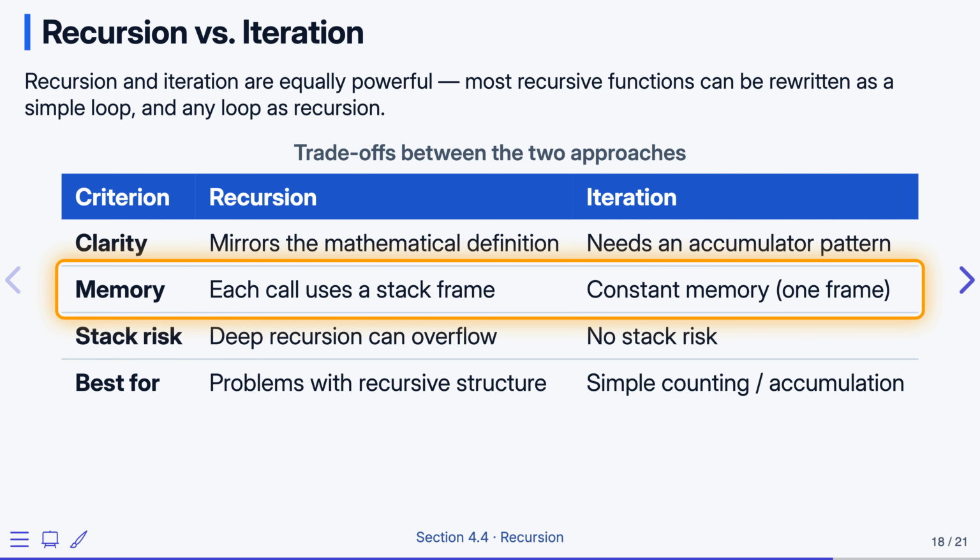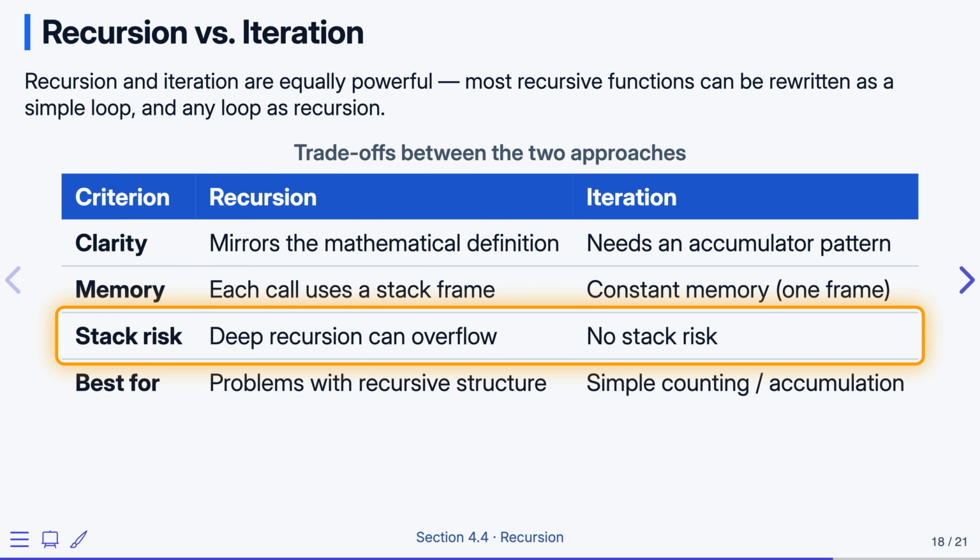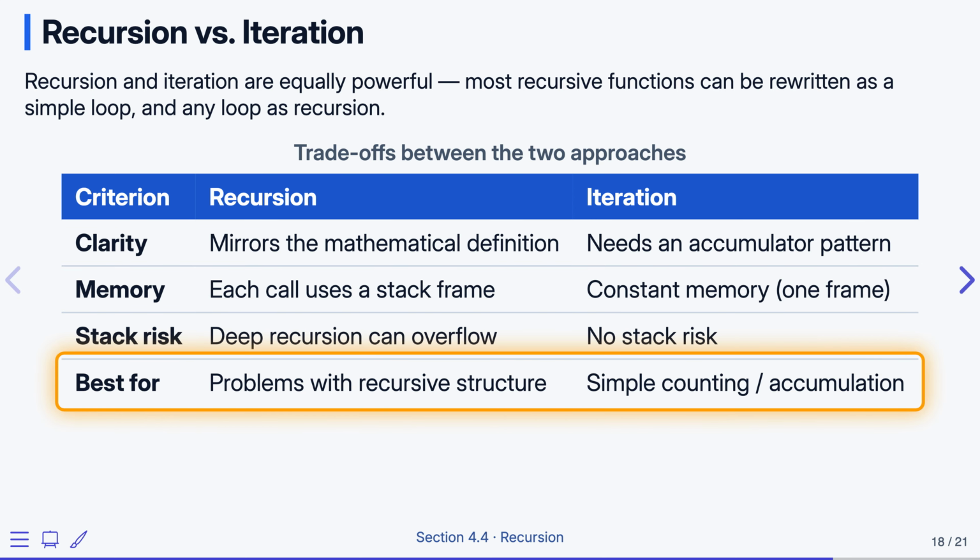For memory, each recursive call uses a stack frame, while a loop uses constant memory, just one frame. For stack risk, deep recursion can overflow, while a loop has no stack risk. And recursion is best for problems with a naturally recursive structure, while loops are best for simple counting and accumulation.